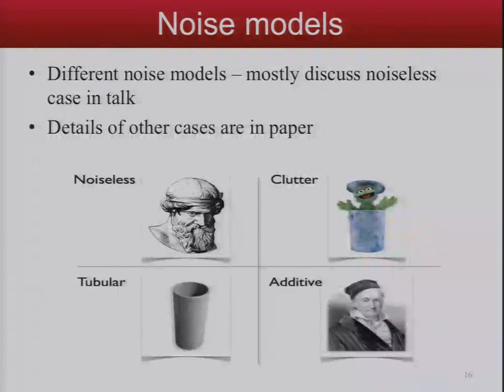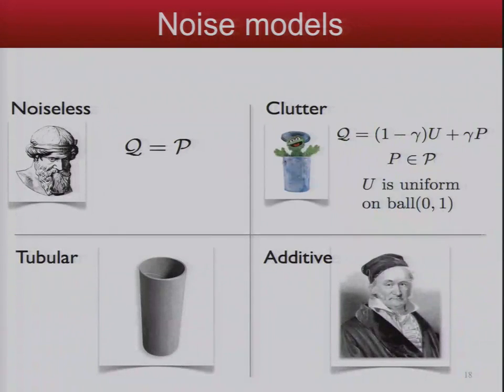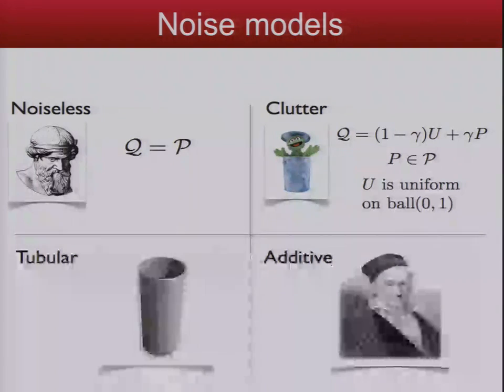All right, so now let me talk a little bit about noise models. I'm only going to discuss the noiseless case in this talk, or mostly discuss that. So here are the noise models. The first case is the noiseless case. Here you see samples which are directly on the manifold. The second case is that of clutter noise. So what you see is a mixture model. You either get a sample from the manifold or you get a sample somewhere around it. And it can be anywhere around it essentially.